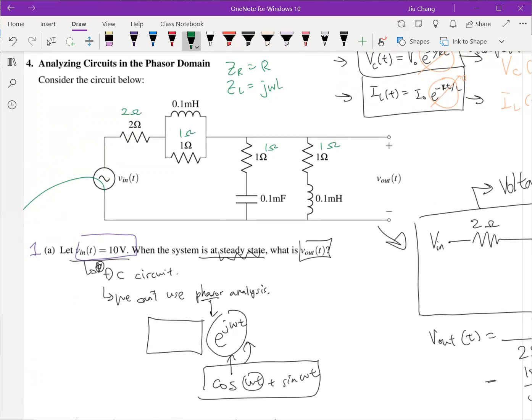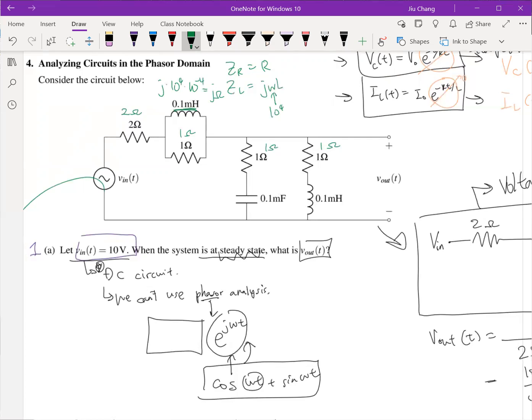For the omega, we found out that it's 10,000. So we will just put j times 10,000 times 10 to the power of negative 4 for the inductance. So that just gives us a j.